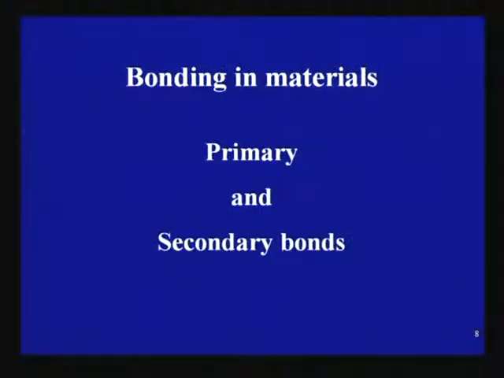Now, since you are material scientists, you should not keep aside this concept of bonding. Always you should think in terms of chemical bonding present in those materials and devices: primary bonding and secondary bonding, the nature of primary bonding, the nature of secondary bonding, and the total quantity of primary and secondary bonding present.